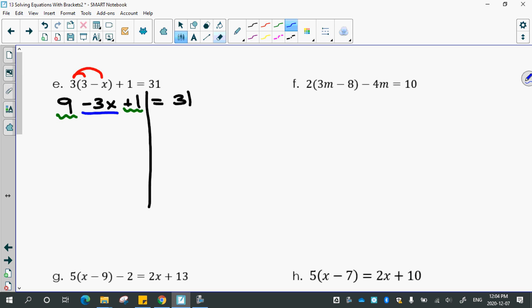Okay? So I could regroup if I want and write 9 plus 1 minus 3x, and then add the 9 and the 1. So I did have to collect like terms on that one, which was different from the other one. Okay?